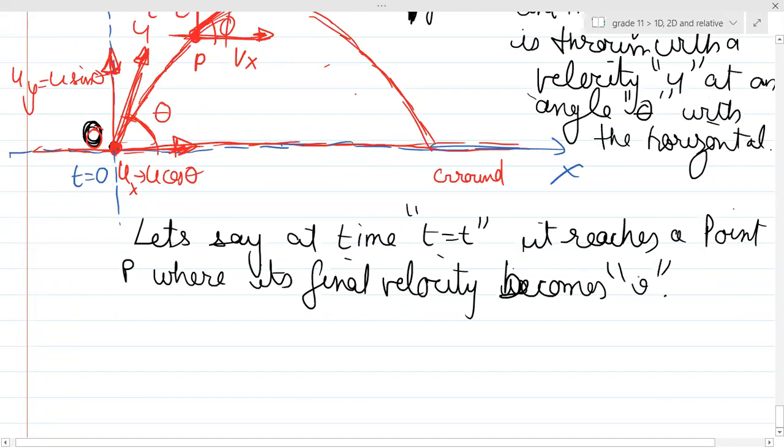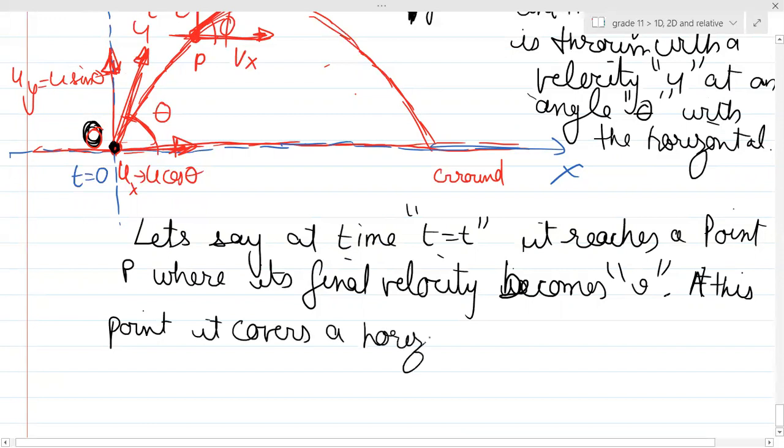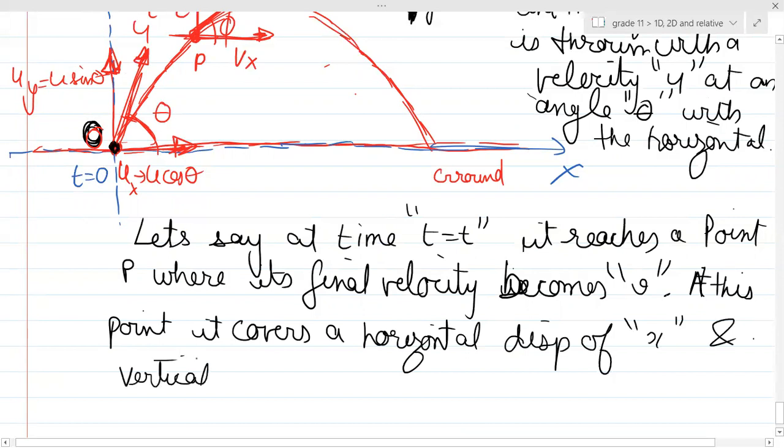Let's say at time t it reaches a point P where its final velocity becomes v. At this point, it covers a horizontal displacement of x and vertical displacement y.